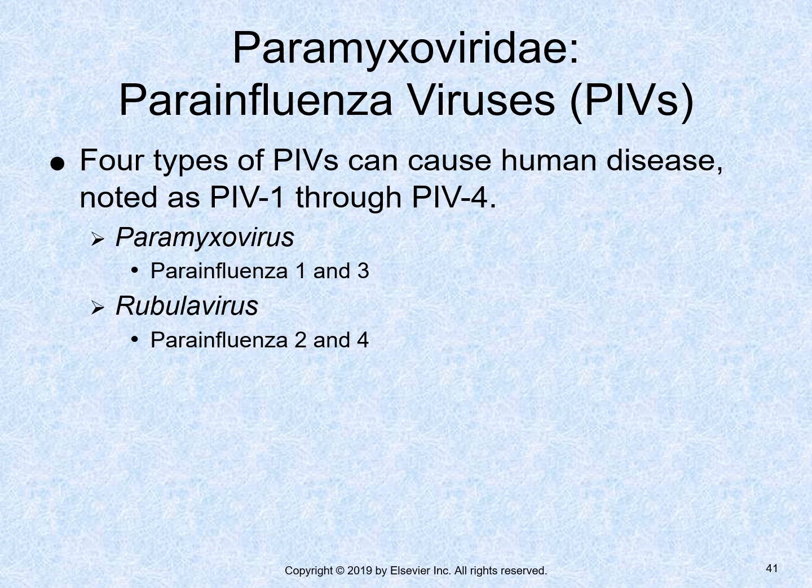Several genera belong to the family Paramyxoviridae. There are 4 types of parainfluenza viruses that can cause human disease, and they're known as PIV1 through PIV4. These include parainfluenza 1 and 3 and parainfluenza 2 and 4.